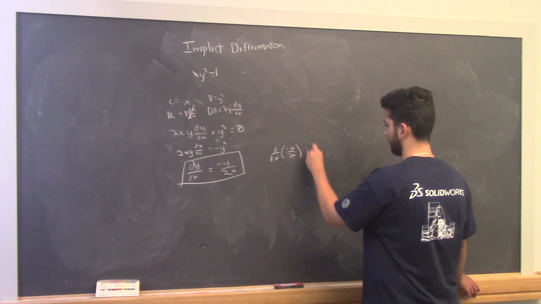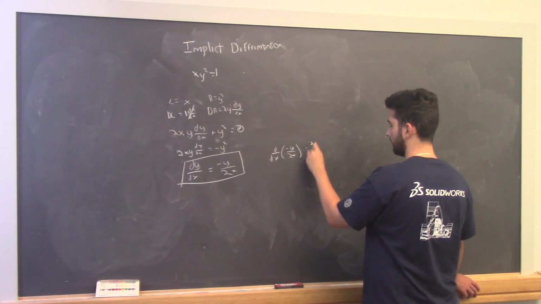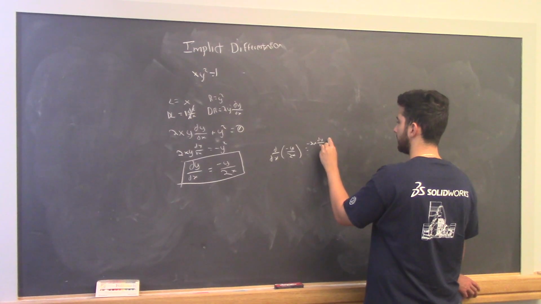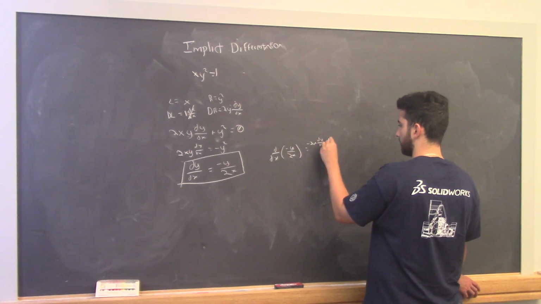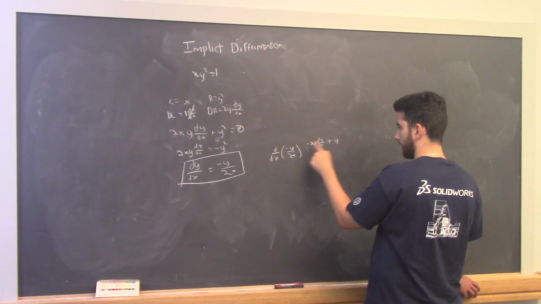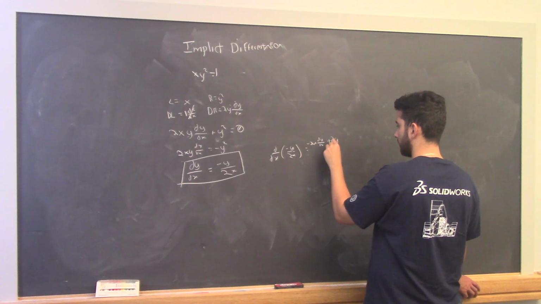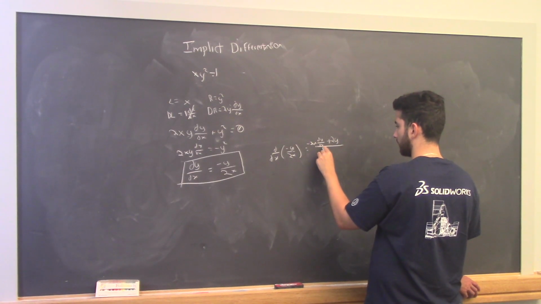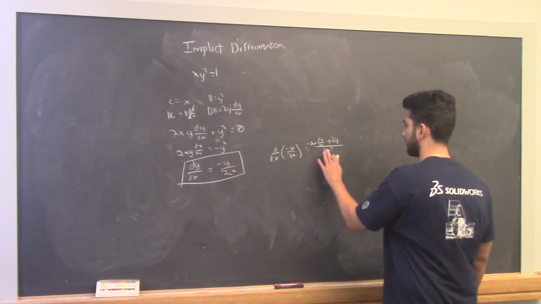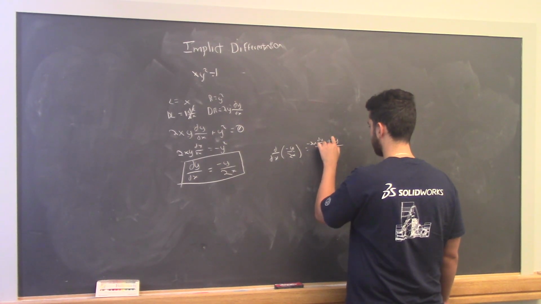We have low d high, which is going to be negative dy dx, minus, in this case plus, because the negatives are going to cancel out, high d low over low squared. Well, we can simplify this. Divide everything by 2. That's going to be great.